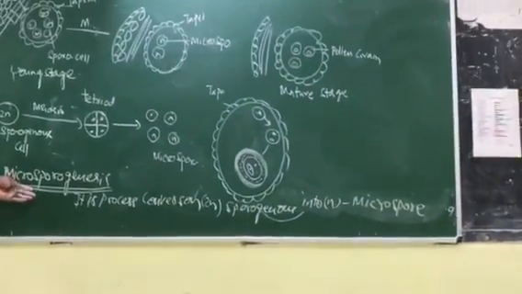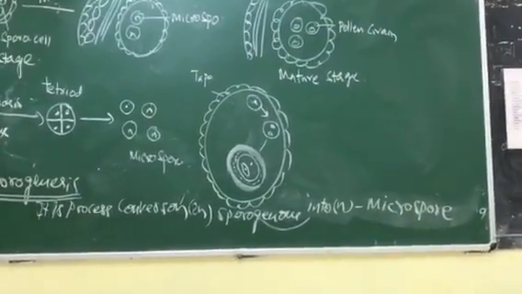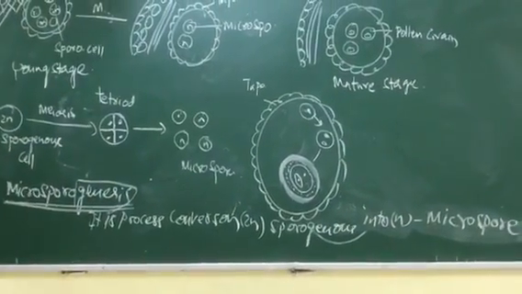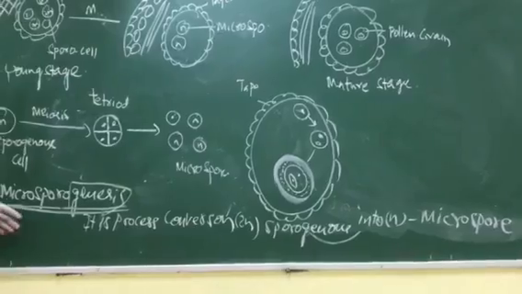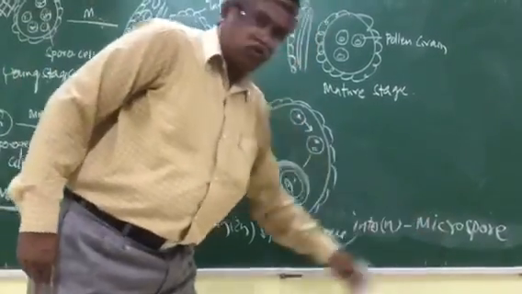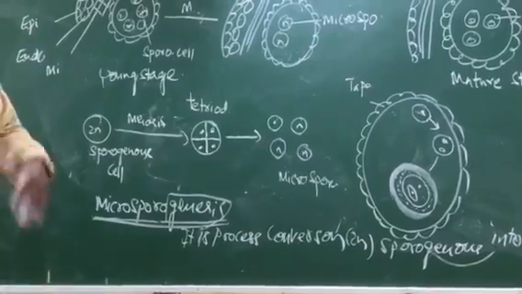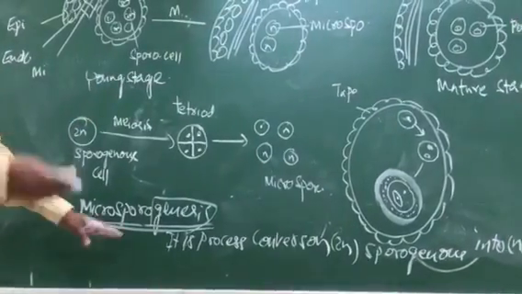The term indicates the result. Genesis means formation. Formation of what? Microspore. So, if this process takes place, what is the result? Microspores will be formed.